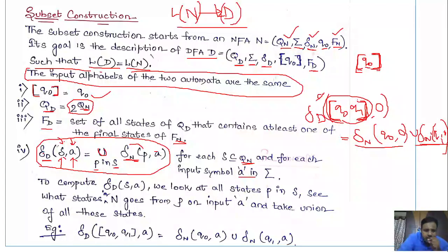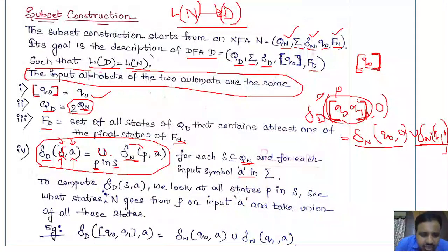So here you could see delta D of S comma A. If S has multiple states, let me call each state P. For example, in the first iteration P is Q0, and in the second iteration P is Q1.